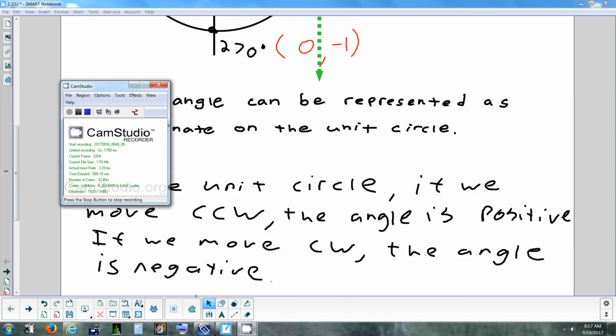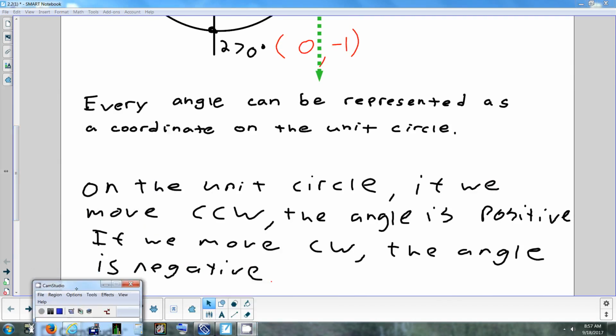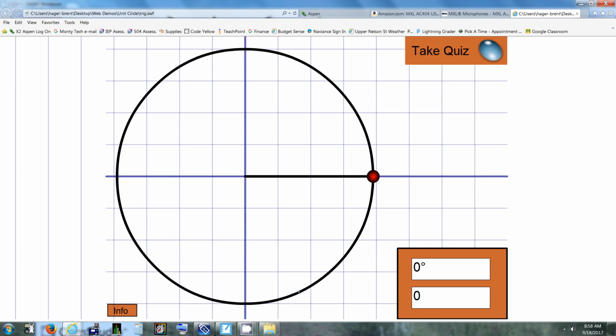Okay, and let me bring up a program just to show you that. Okay, so again, just to show you how that works. As I start to move in a counterclockwise direction, it shows me my angle, 47 degrees, and it's also showing it in radians, 0.82.